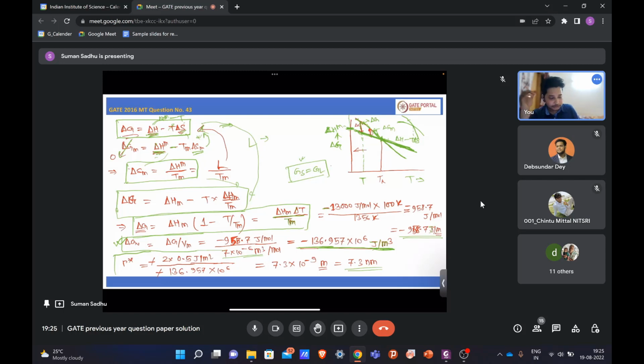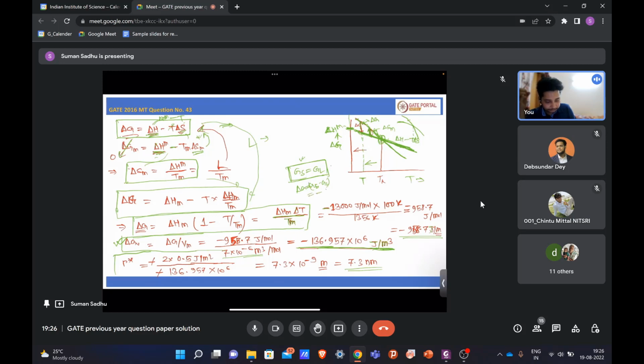Now you can see that if you are at this point where Gs is equal to Gl, you don't have that available energy that you can give to form a new interface. So you have to move below the Tm, so that you will have a difference, this delta G. That is Gl minus Gs, or Gs minus Gl, because product minus reactant kind of thing.